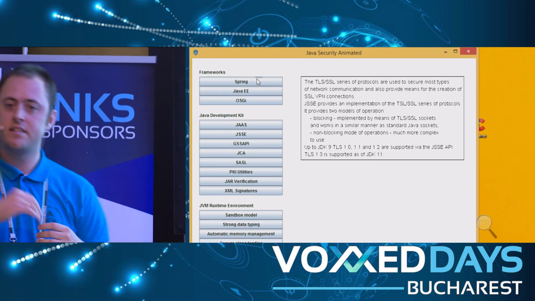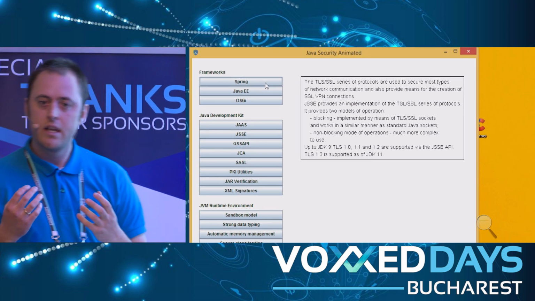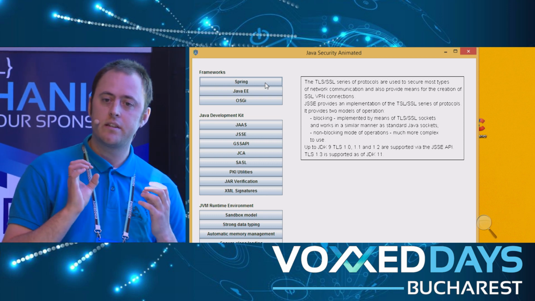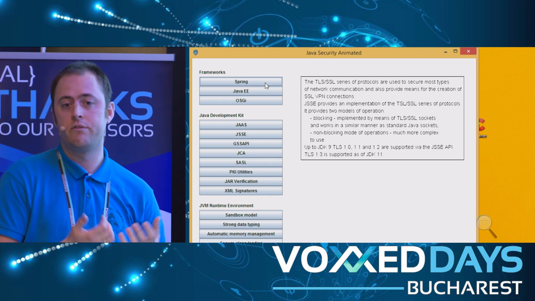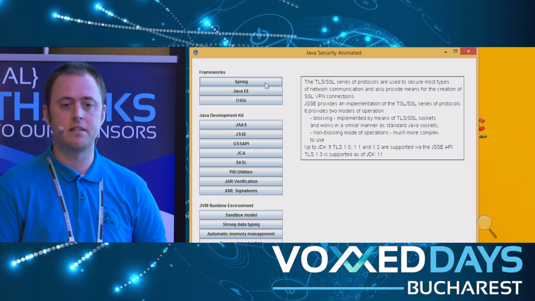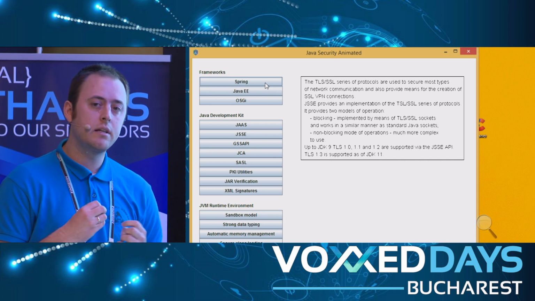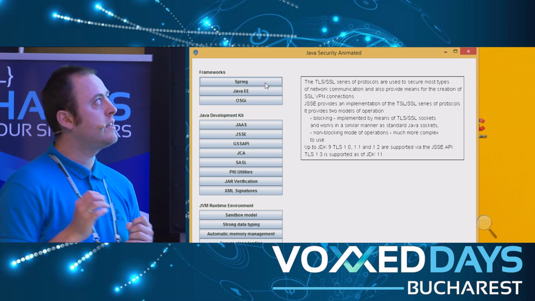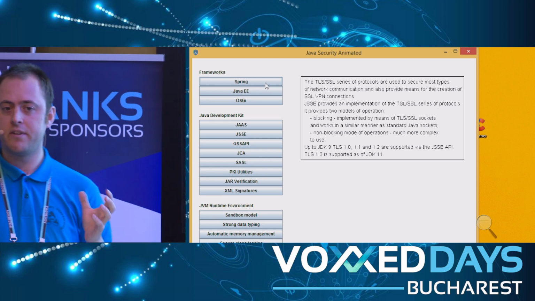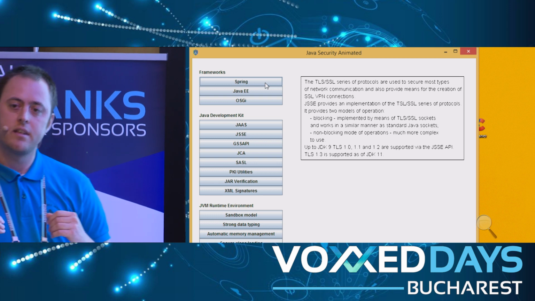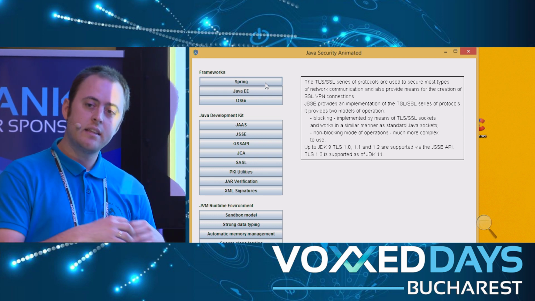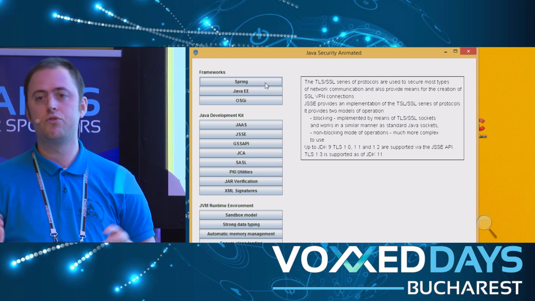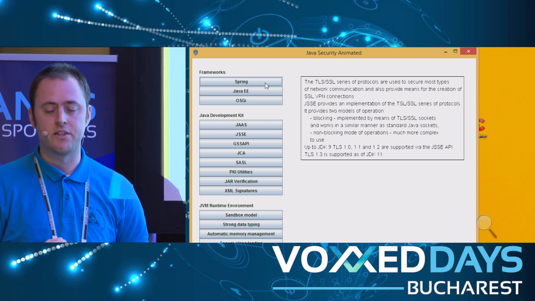Then the server sends its public certificate to the client, and the client takes the public certificate and verifies that it is not revoked by a certificate authority, that it's still valid. And optionally, the client may also send its own certificate to the server. At that point, they start using the certificates that they've exchanged to generate a secure key. And then that secure key is used to encrypt communication between the client and the server.